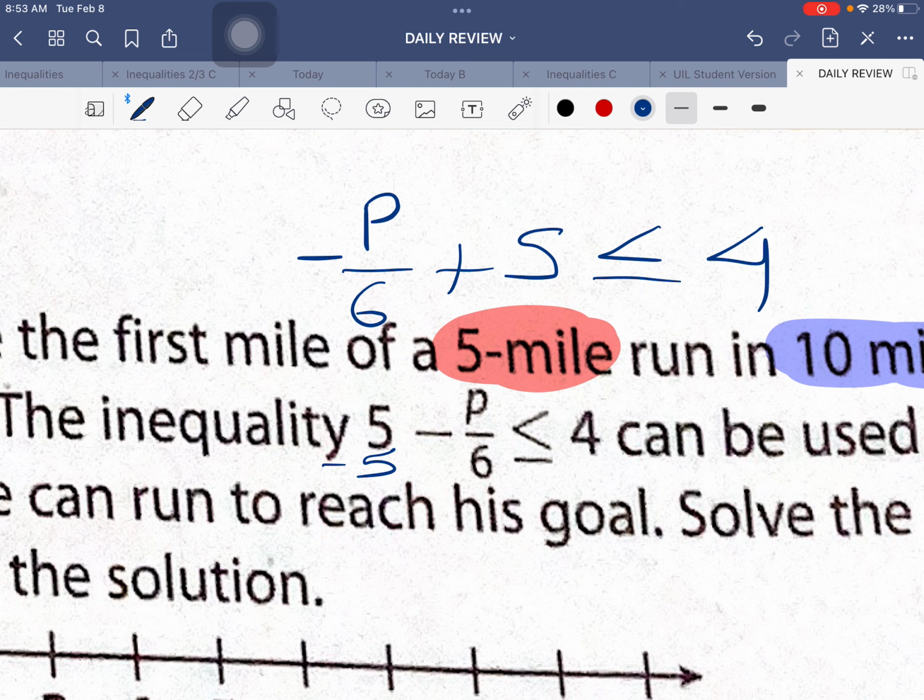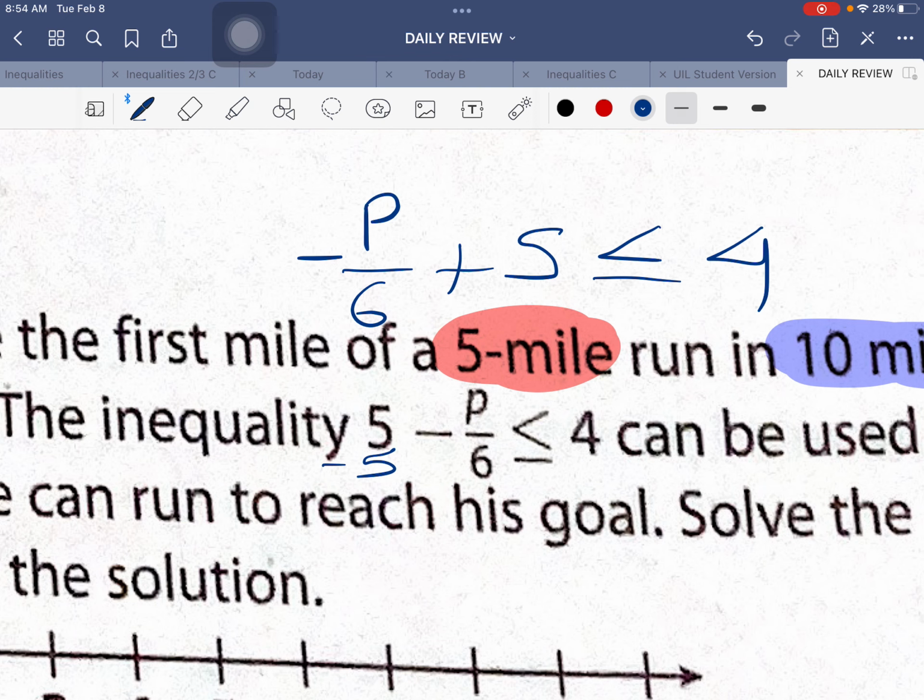To the other side. This is what we had if we were to flip them.